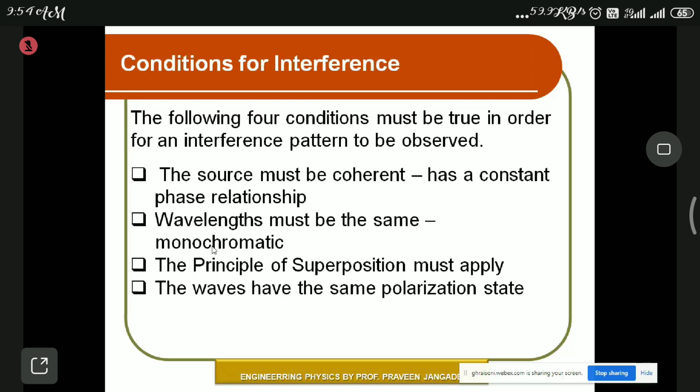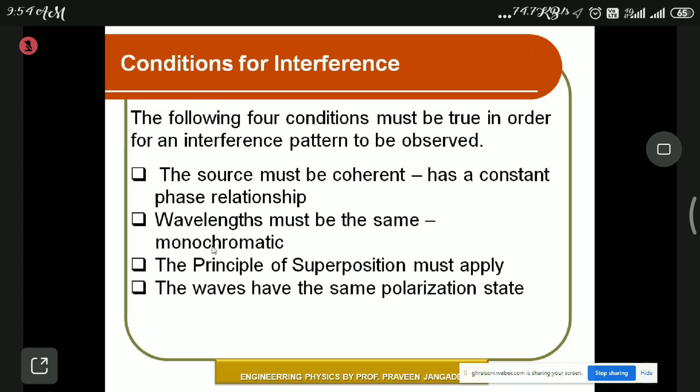And then lastly, the waves must have the same polarization state. Polarization is the concept through which we can say whether the vibrations of the particles are in one particular direction or another.